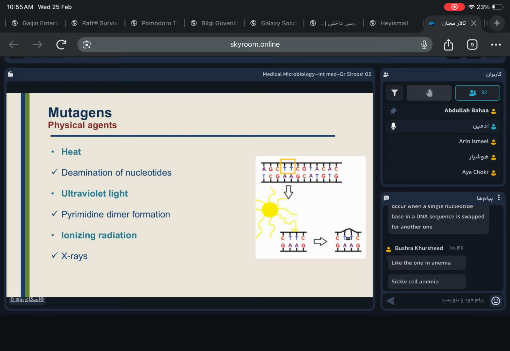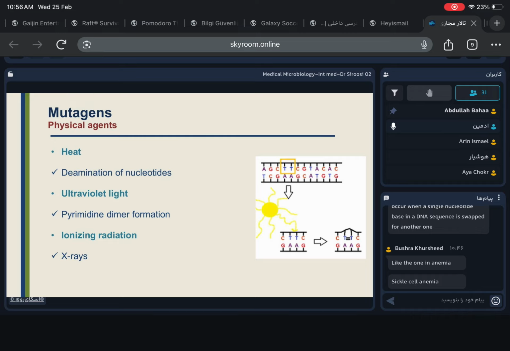These pyrimidine dimers interfere with the normal function of DNA polymerase. So if there are too many pyrimidine dimers in the DNA, the cell will be dead. We will be learning about the function of ultraviolet as an agent that we use in order to destroy microorganisms.